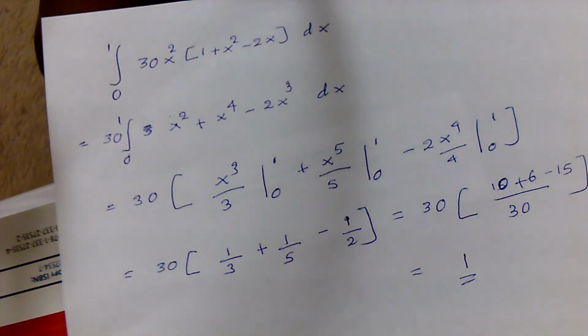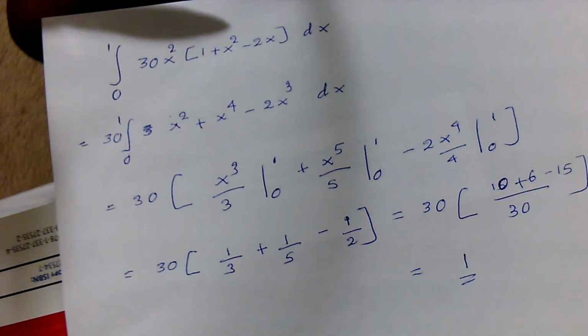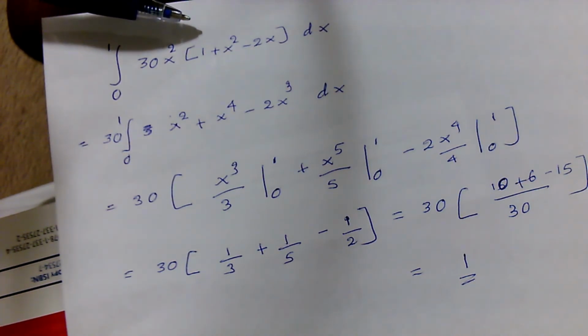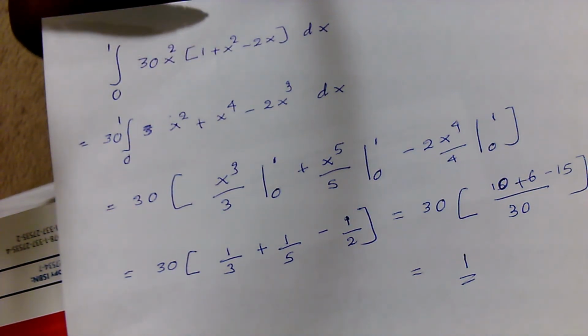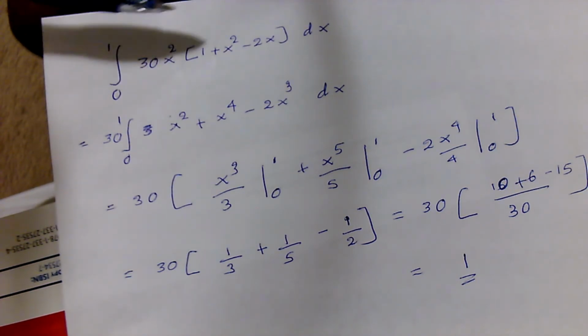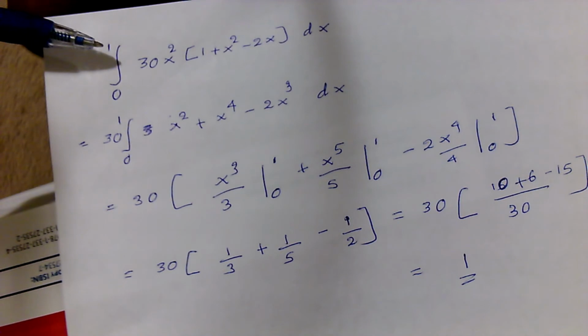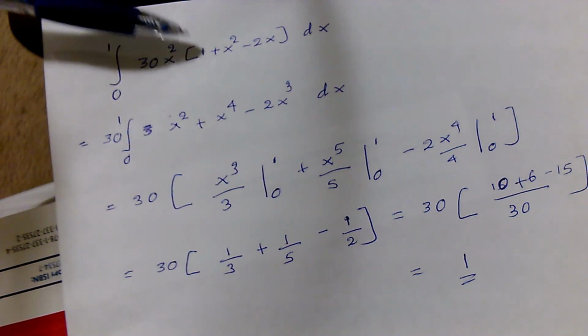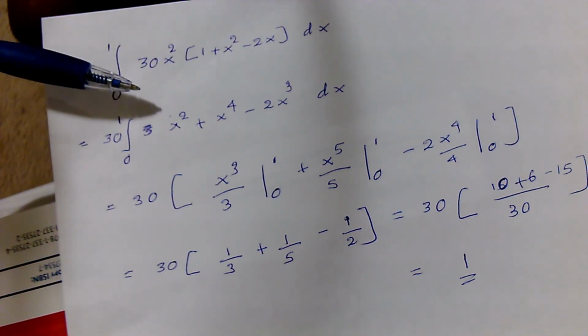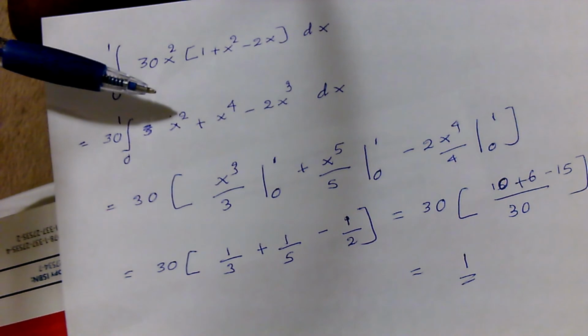So now you can expand this square term, because it is (1 minus x) to the power 2. You can write it as 1 plus x squared minus 2x, and you will get this expression. Now you can factor out 30 from here, and multiply each and every term by x squared to get this equation.